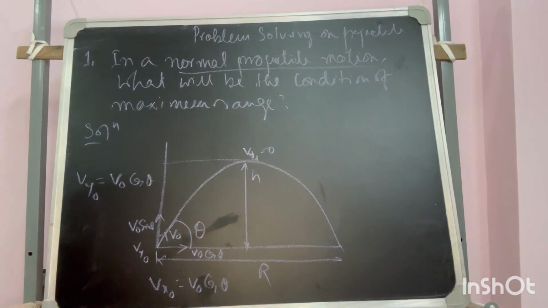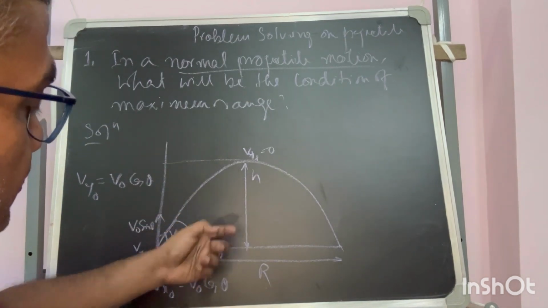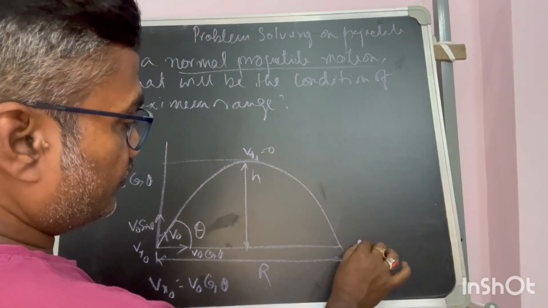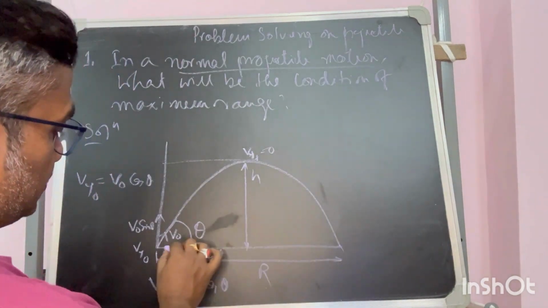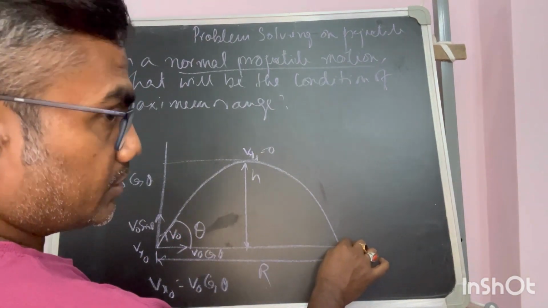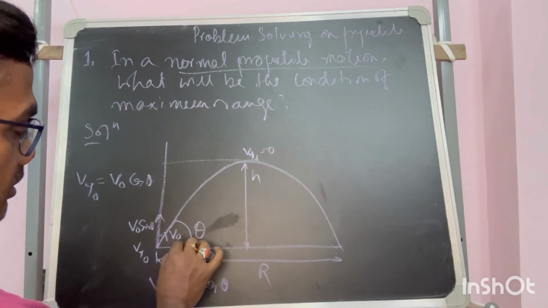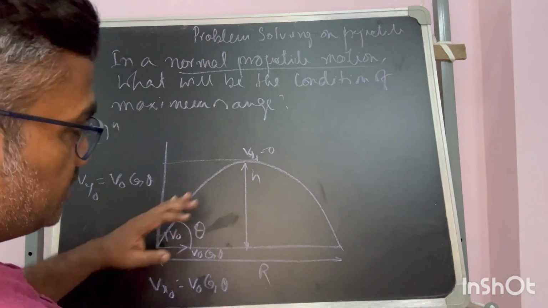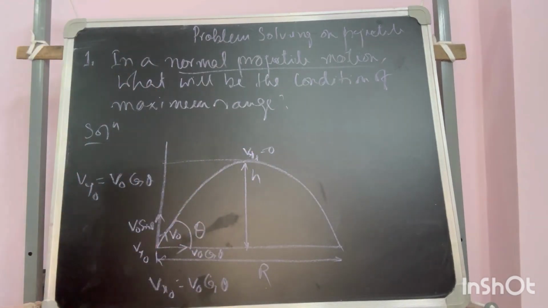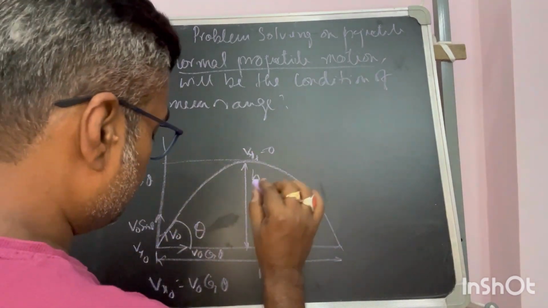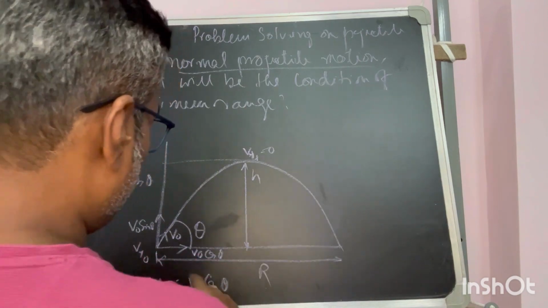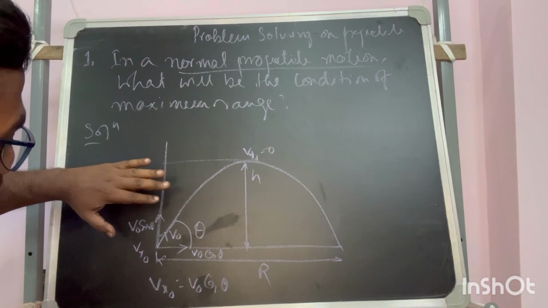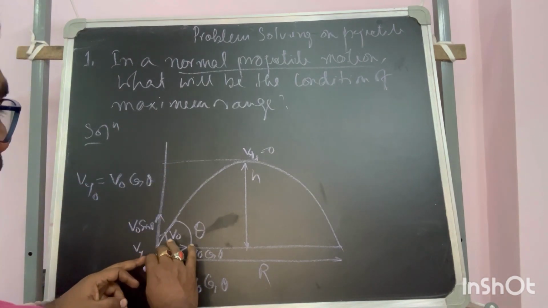Now, as per the theory of the projectile, in this direction there is no force acting until it reaches there. In the vertical direction, there is the gravitational force acting. So in the horizontal direction there is no velocity change. So what would be my range? I have to consider the whole journey.